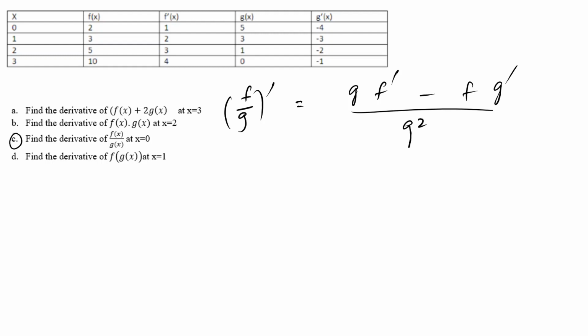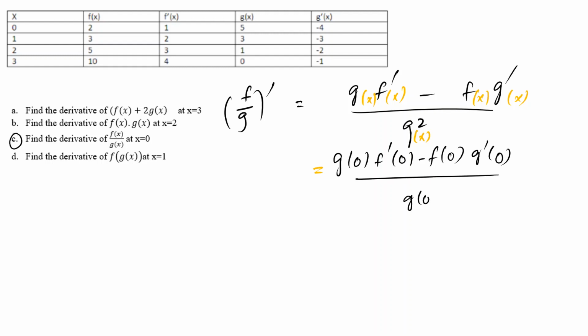Now write it as a function of x, and replace x by 0. So g of 0 times f prime of 0, minus f of 0 times g prime of 0, over g of 0 whole squared. Now replace the values.